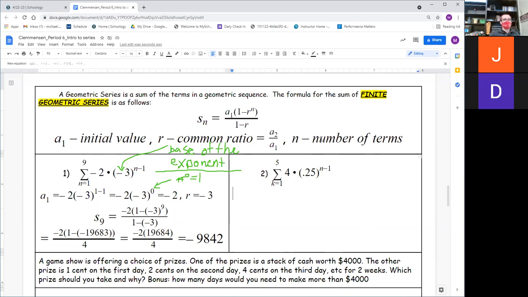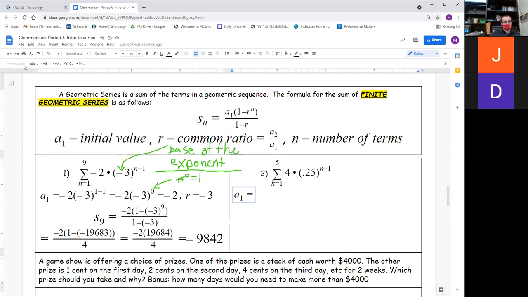Let's see if someone who has not talked a lot today can tell me what my A1 should be. What should my A sub 1 be equal to? You don't have to give me the final answer either.